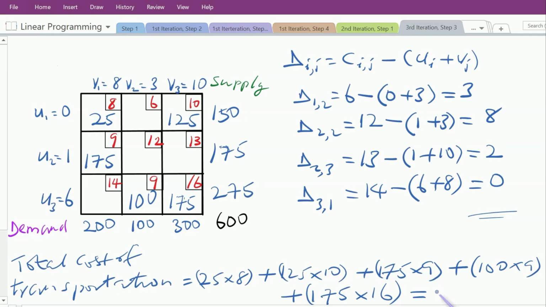And this will give us $6725. That is the total cost of transportation, and this is the optimal cost of transportation.